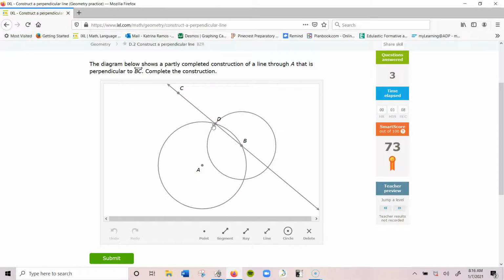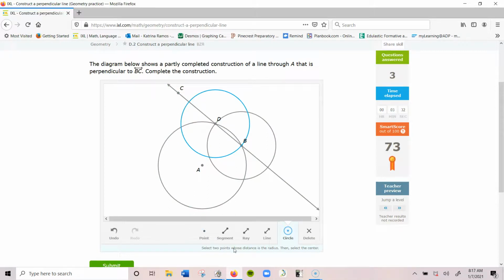So the radius of this circle here is from this point of intersection to this point of intersection. And now what I'm going to do is create another circle with the exact same radius as the one that's on the line. But instead of centering it anywhere else, like you see we have a center at B, we have a center at A, we're going to center it at D.